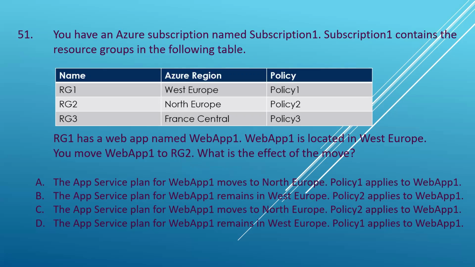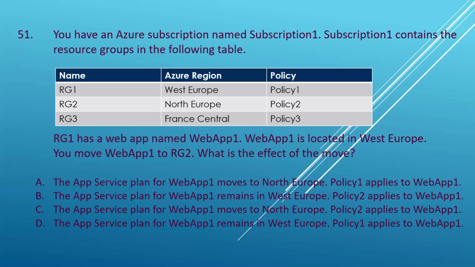So basically, a resource group contains Web App 1, and this Web App 1 is moved from RG1 to RG2. You need to determine what is the effect of the move on Web App 1. Your options are: Option 1, the app service plan for Web App 1 moves to North Europe. Policy 1 applies to Web App 1. Option 2, the app service plan for Web App 1 remains in West Europe.